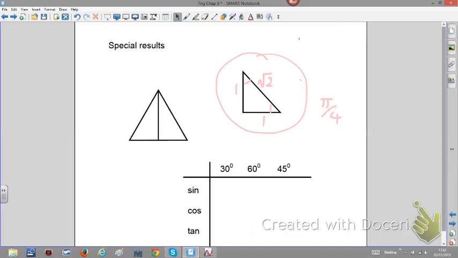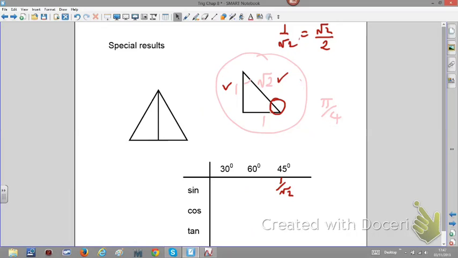So let's have a look at sine, cos and tan. So sine, let's say, of this angle here is the opposite divided by the hypotenuse, which is 1 over root 2. Now 1 over root 2 is sometimes written as root 2 over 2, but it depends what we want to do with it. So I'll leave it as 1 over root 2. Now let's look at cos of that angle.